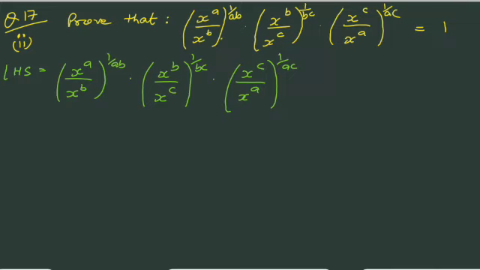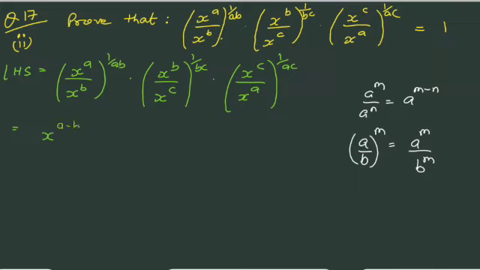Either you use a raised to m upon a raised to n equals to a raised to m minus n inside the bracket, or you use a upon b whole raised to m is a raised to m upon b raised to m, distributive rule for powers. You can proceed with one of these two ways. We will do the first one.